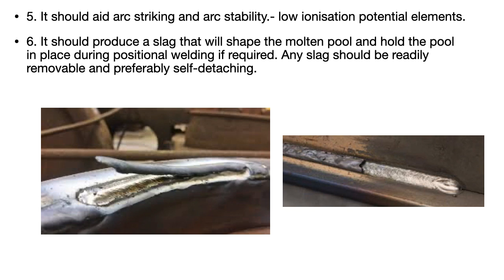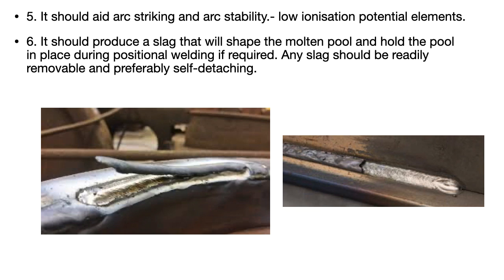Another main function associated with that is, when a slag is produced, it acts as a shield over the weld pool which is produced, and then protects it from direct contact with the atmosphere. It serves not only that purpose, it will also ensure that the temperature gradient is not high, because if the molten pool is exposed directly to the atmosphere, then the temperature gradient will be between 30 degrees Celsius and 1500 degrees Celsius.